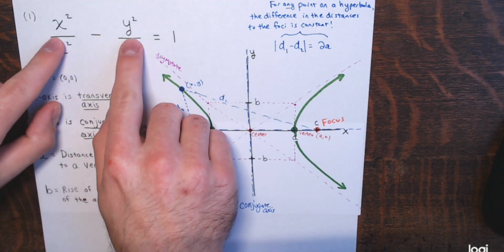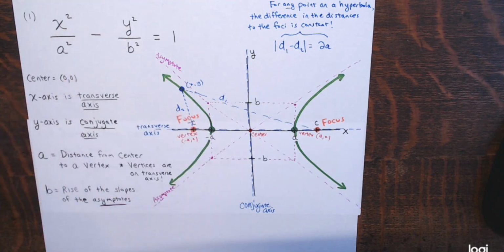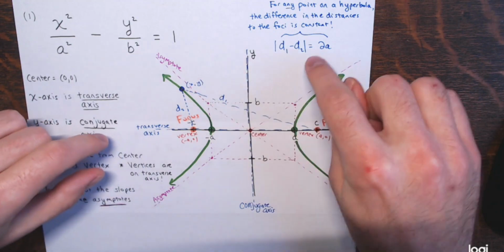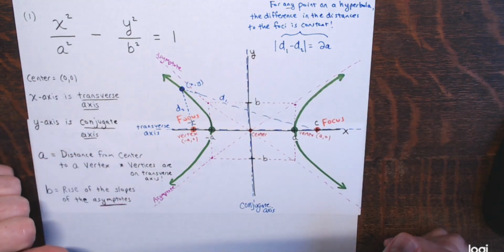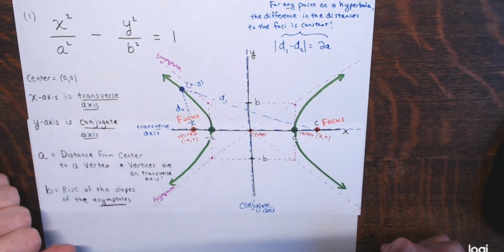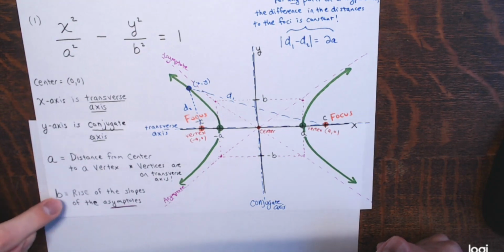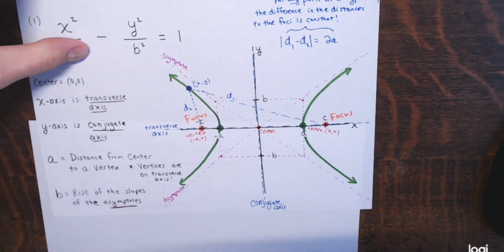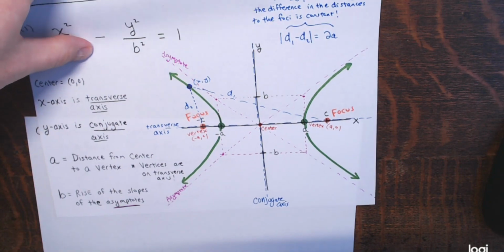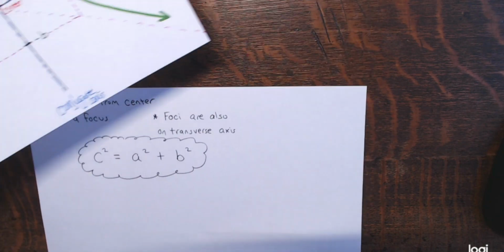I'm just going to switch the x and y, and then the branches will open up and down instead of left and right. And lowercase b will be the run of the slopes instead of the rise. And we'll have to find equations for the asymptotes too, but they're just lines. You should know how to write equations for lines.